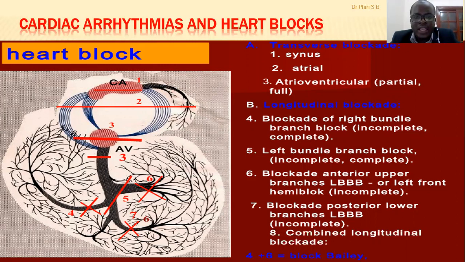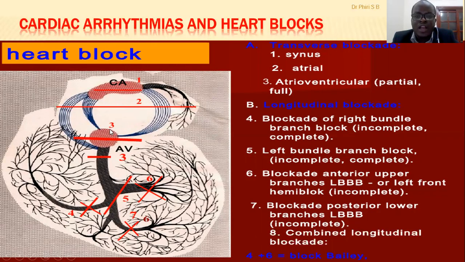So in part A here, you have the transverse blockade, meaning that the plane of blocking this portion of the heart is transverse or horizontal. That's why they are called transverse blockade. So you have different types of transverse blockade. You have a sinus blockade shown as 1 here. You can have atrial blockade shown as 2 here.